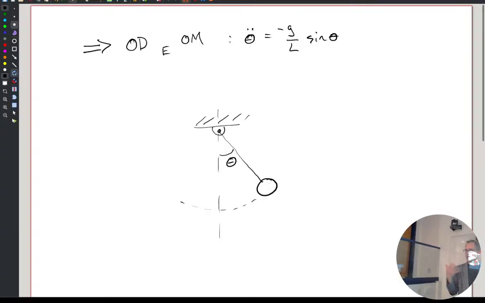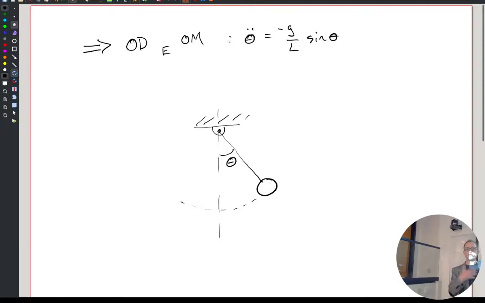The bigger the angle, the more the acceleration. But with drag, damping, and friction, it's always some function of speed, like a theta dot or an x dot or a v. The faster I move, the more energy I lose. That's not in our differential equation.